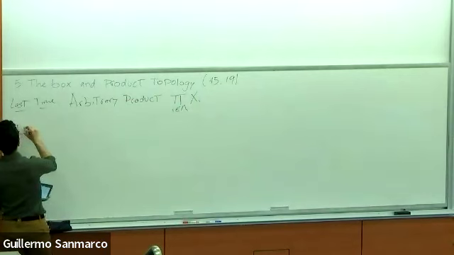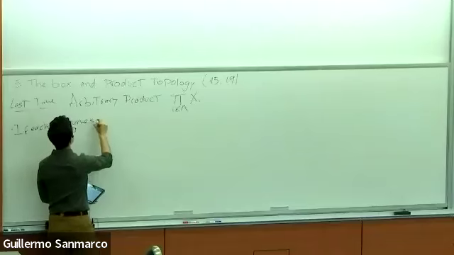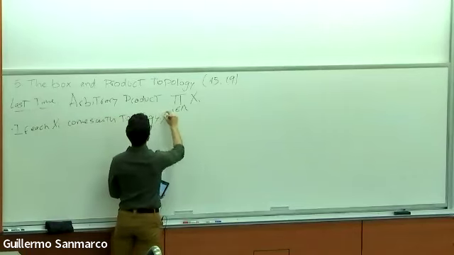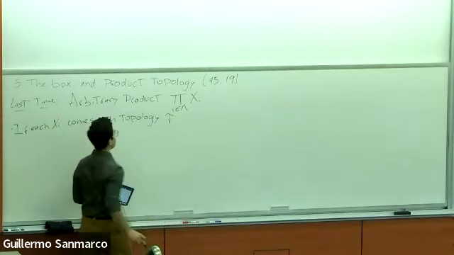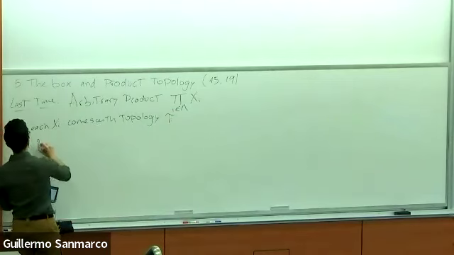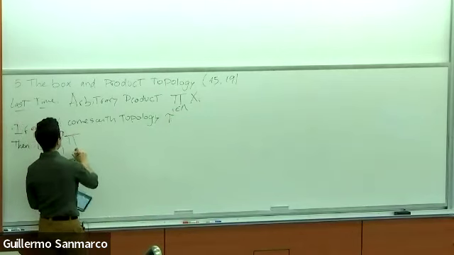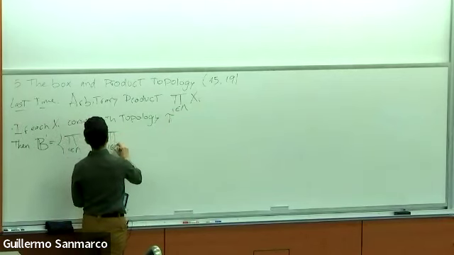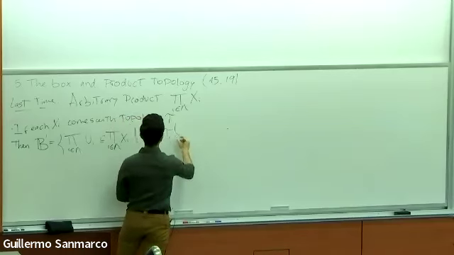Then what we did is, if each of these sets X_i comes with a topology, T_i, sorry, then we defined this thing that I denoted B prime, which is subsets inside of the product where each U_i is open in X_i.